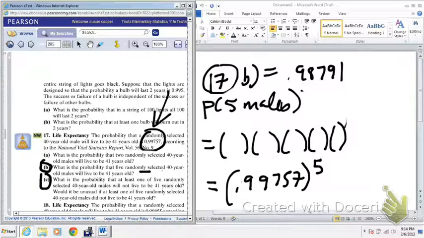Okay, now let's take a look at part C. Now this gets tricky. It says, what's the probability that at least one of the 5 randomly selected males will not live to be 41 years old? They're really getting kind of tricky in the language here. They're saying at least one will not live to be 41.